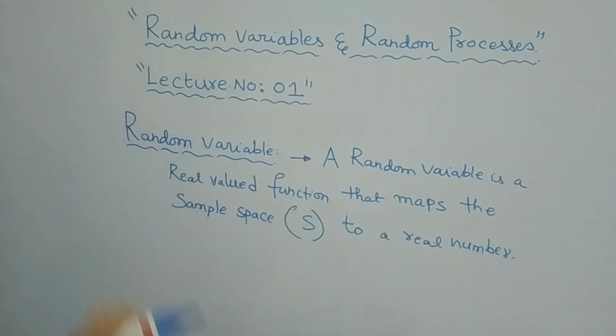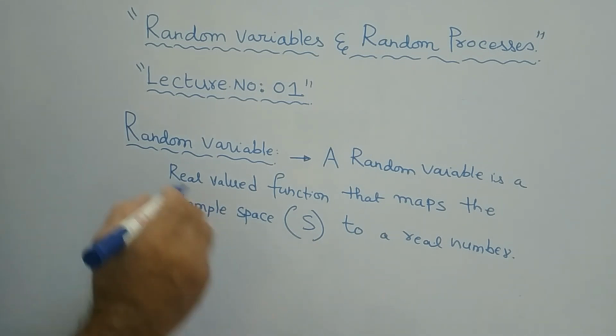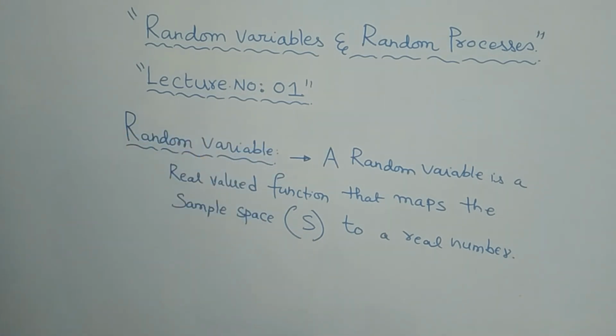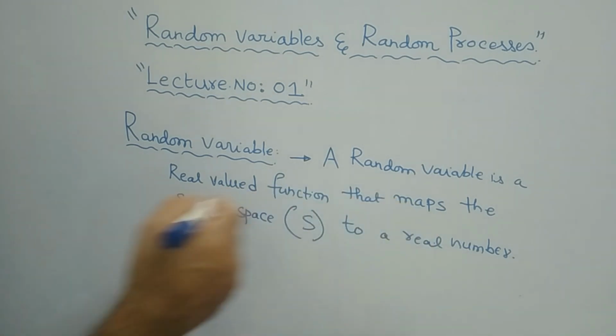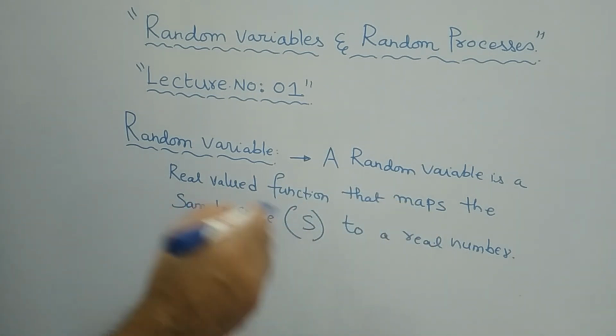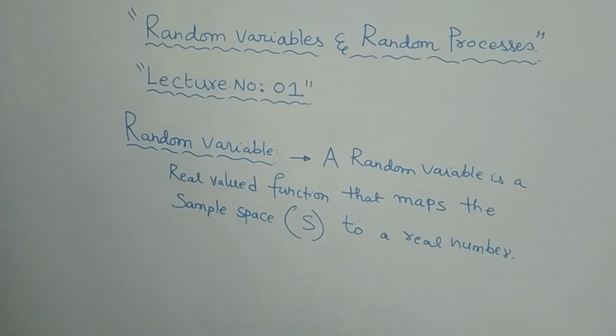That is what a random variable is. A random variable is a real valued function that maps the sample space. What is a sample space again? That I will explain now.